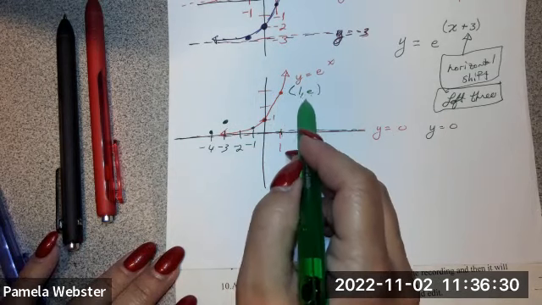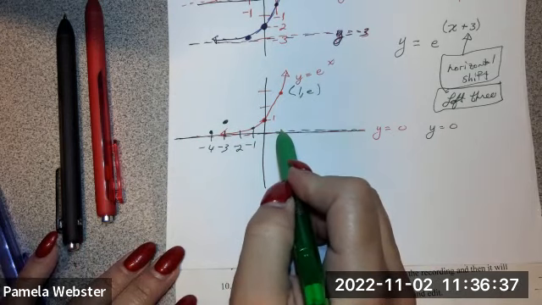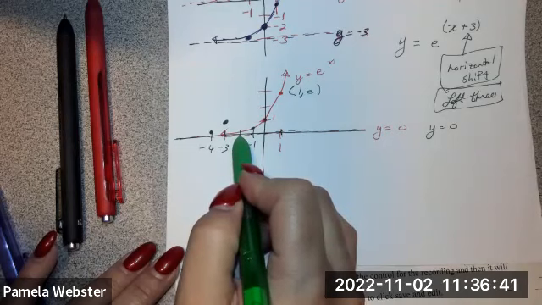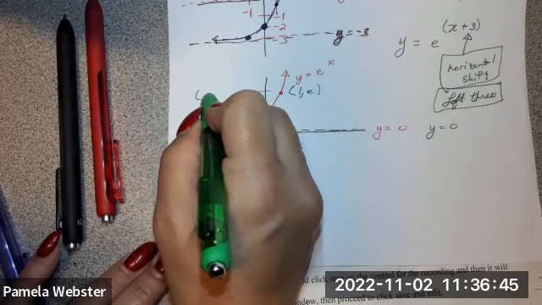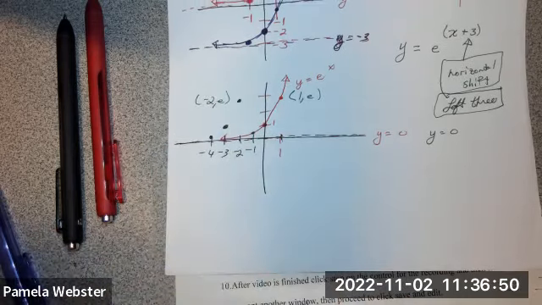This does not affect what's going on in the y. This affects left and right, which is my x values. So instead of 1, when I subtract 3, I go to 0, -1, -2, right? So I end up with this point, and I'm going to stick it over here, (-2, e). That's what happened. This guy is shifted left 3.